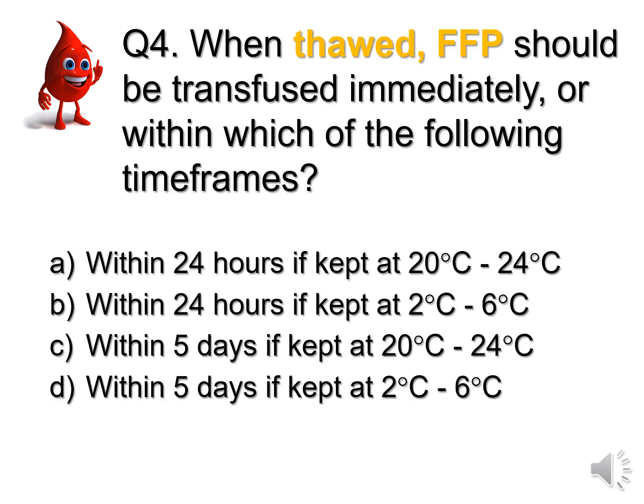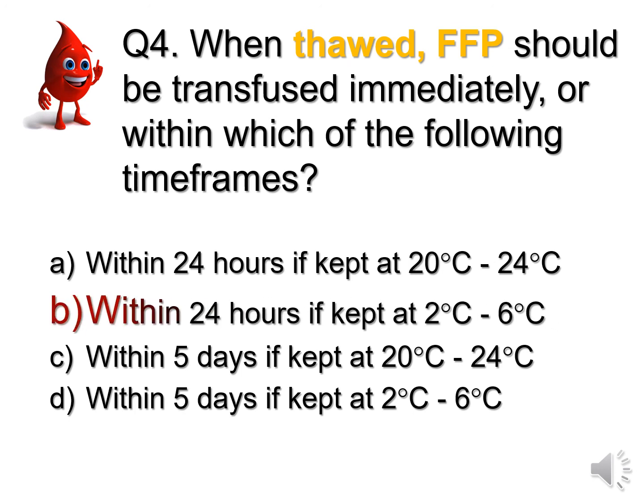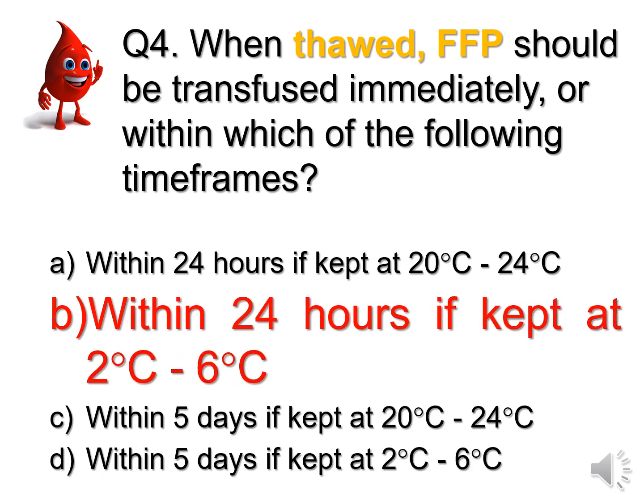When thawed, fresh frozen plasma should be transfused immediately or within which of the following time frames? A, B, C or D? The correct answer is B. Within 24 hours if kept at 2 to 6 degrees centigrade.